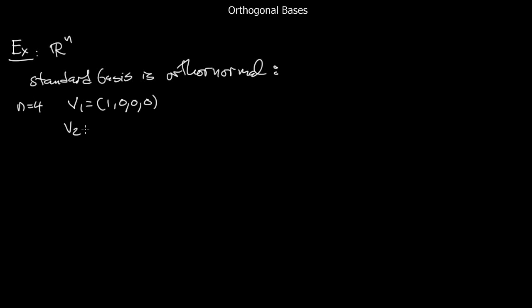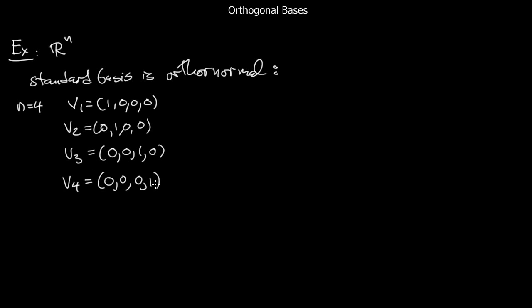The standard basis is v1 is this vector, and v2 is 0, 1, 0, 0, and v3 is 0, 0, 1, 0, and v4 is 0, 0, 0, 1. And clearly, if you take the inner product of any two of these, you get 0, as long as i is not equal to j. And if you take vi dotted with itself, you get 1, which is to say the length of each of these vectors is 1.